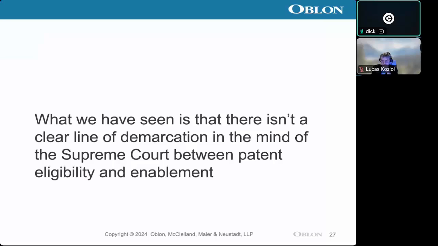Now, in 1952, that particular statute was broken up into 101 and 112, and 112 broken up into several paragraphs. Now, if you look at the legislative history, which you have to look at to try and determine what Congress meant, there's nothing in the legislative history explaining why Congress did it.